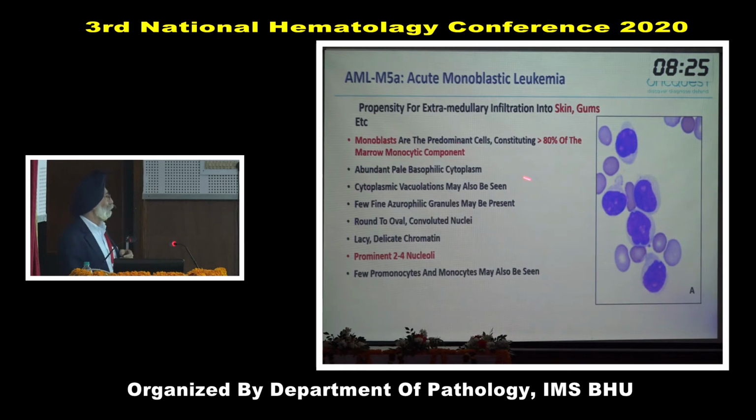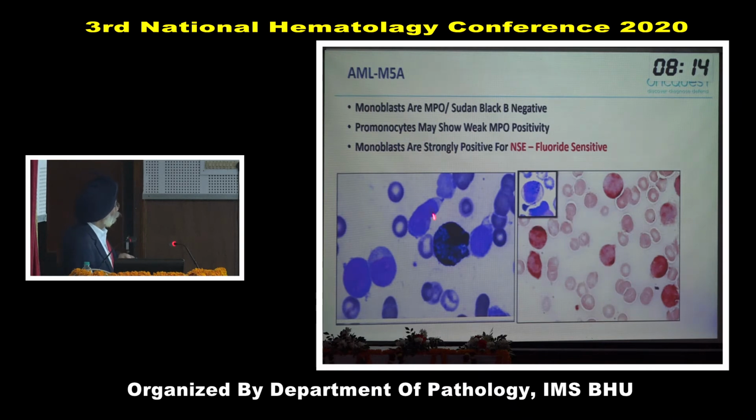And then we have monoblastic leukemia, where more than 80% are monoblasts with prominent, round to oval nuclei. Then we have M5A, the monoblasts which are MPO negative but NSC positive.